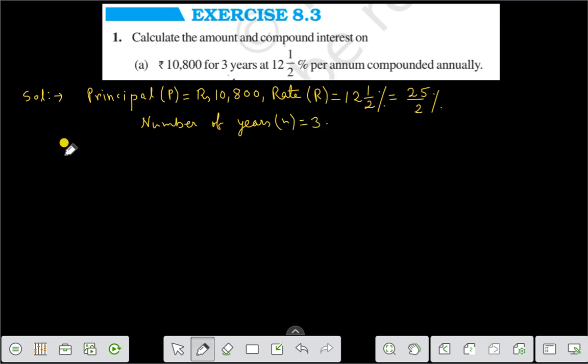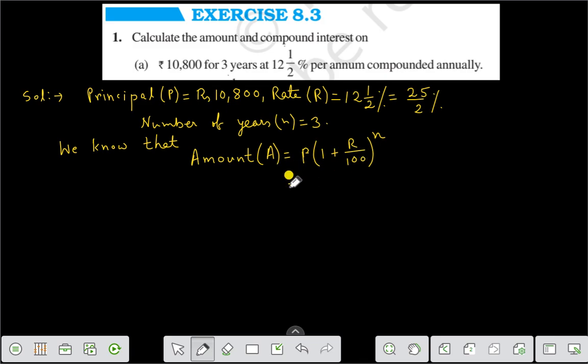Now we know that amount A is equal to P into 1 plus R by 100 to the power n.